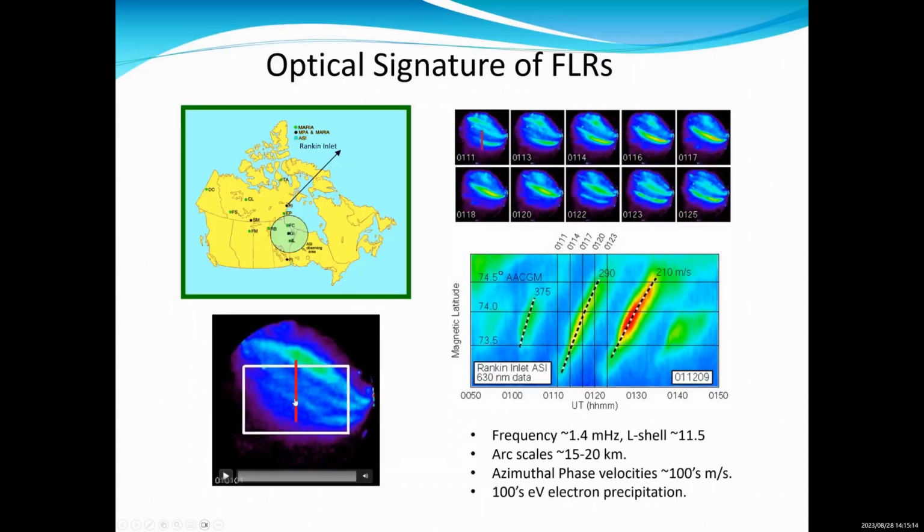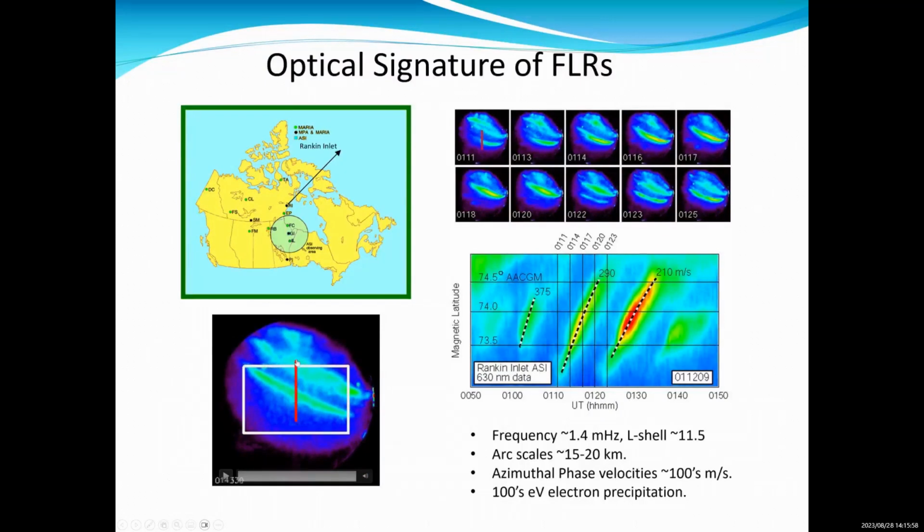How does it look in a time evolution? Here's the all-sky camera at Rankin Inlet with this field of view. You can see these moving arcs, that as one arc fades, the other arc comes into the field of view. So that's the phase motion of the wave in the azimuthal direction, projected to the ground in terms of the field-aligned current.